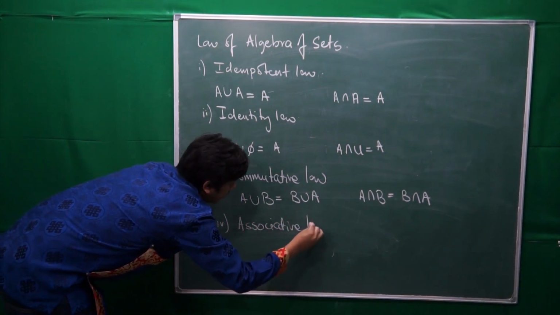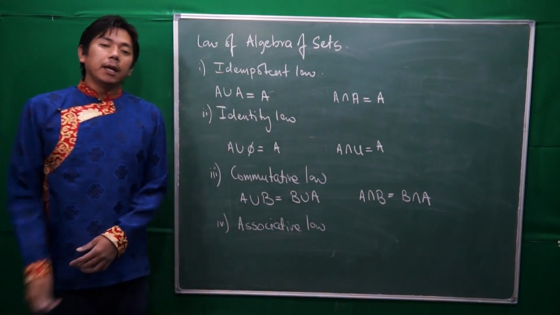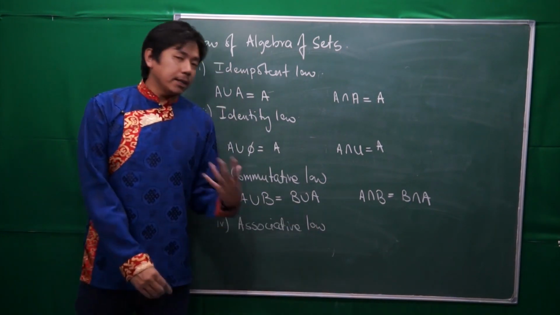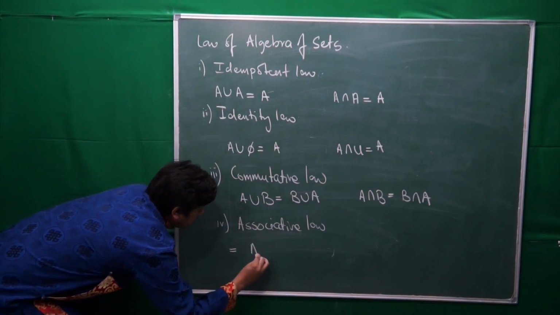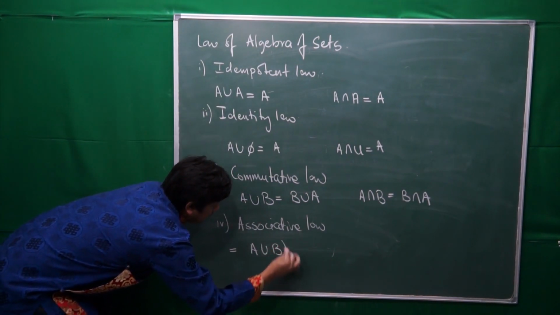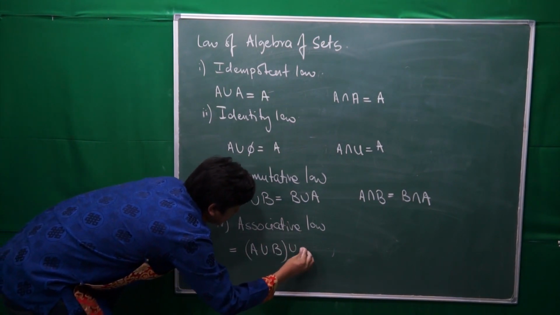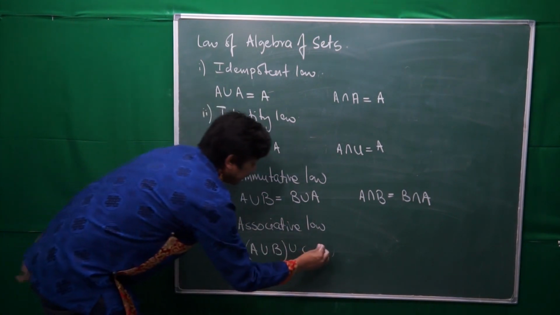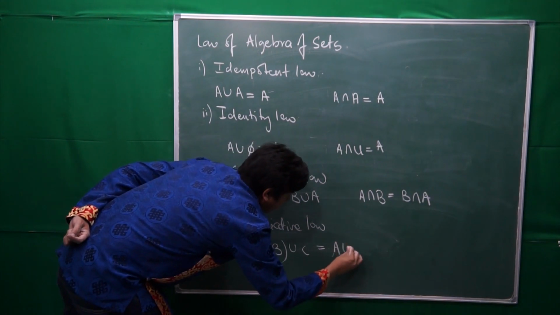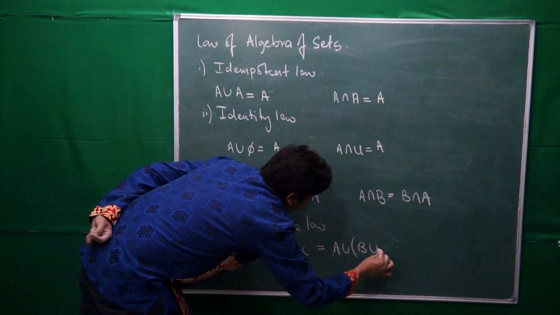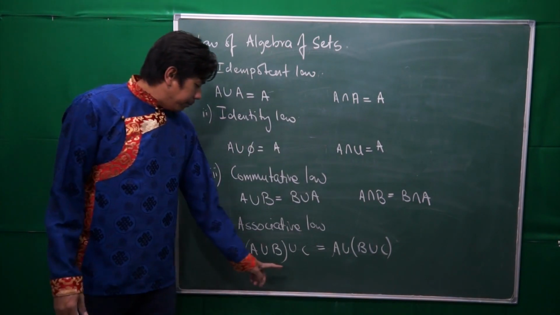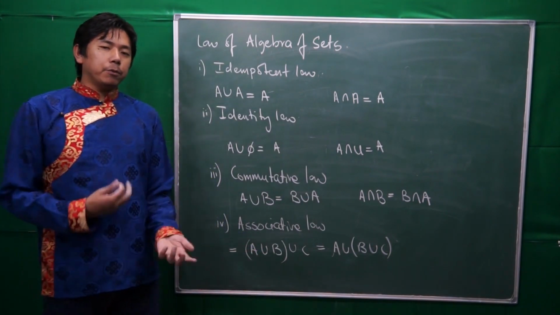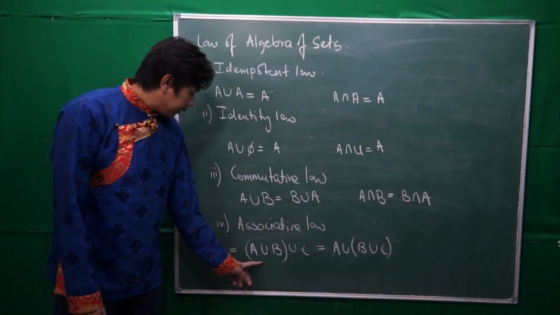Fourth, we have associative law. As the name suggests, it's about associating. So if we write A union B union C, this can be written as A union B union C with brackets. When the operation is done, we follow the bracket first.